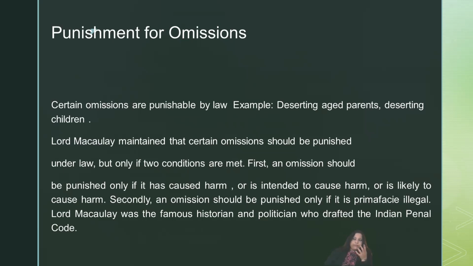For example, Section 302 talks about punishment for committing murder, which is worded as culpable homicide amounting to murder. There are two types: culpable homicide not amounting to murder, and culpable homicide amounting to murder. As a student of law, I appreciated the way the Indian Penal Code is drafted because it's quite rich in its content, and it was done by Lord Macaulay.